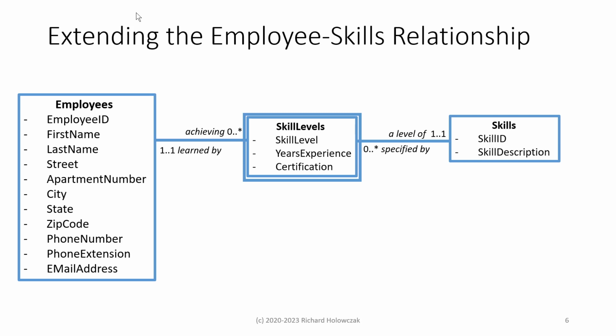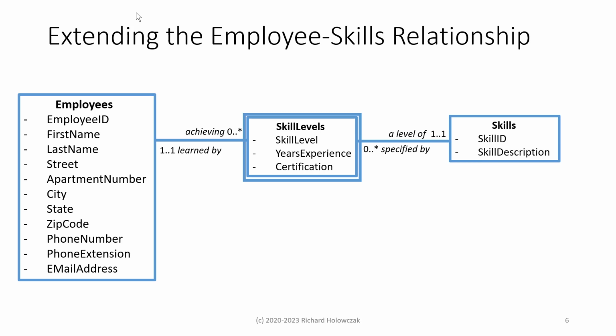Are they a beginner? Are they intermediate? Are they an expert? Are they a guru or a master of a skill? How many years of experience do they have with that skill? And do they hold a certification with that skill? For example, an employee might be a beginner at Java programming, but they might be an expert at Python programming.